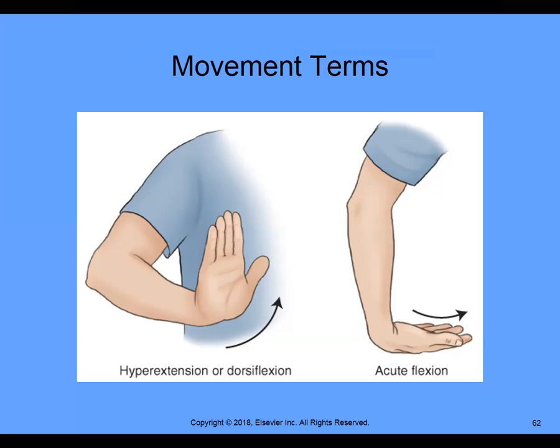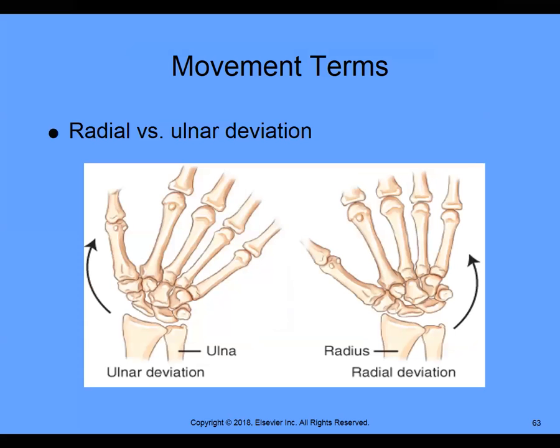Acute flexion means that you're going to rest your hand on a hard surface and really flex the wrist joint on a hard surface. That's called acute flexion. We use these for special views of hands and wrists.